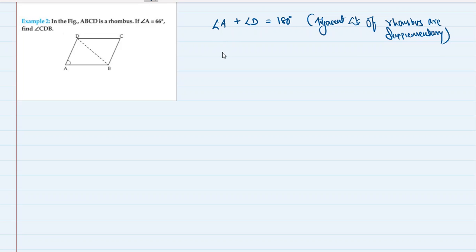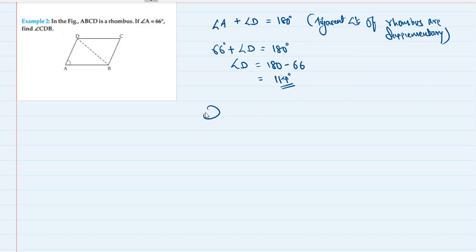So angle A, which is 66 degrees, plus angle D, which we don't know, equals 180 degrees. So angle D is equal to 180 minus 66, which is 114 degrees.